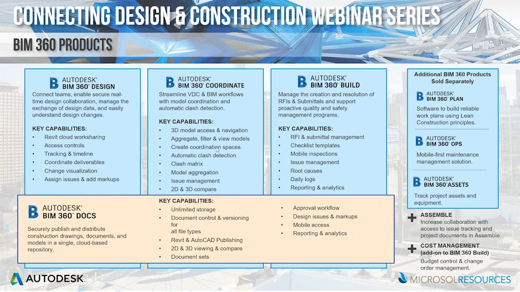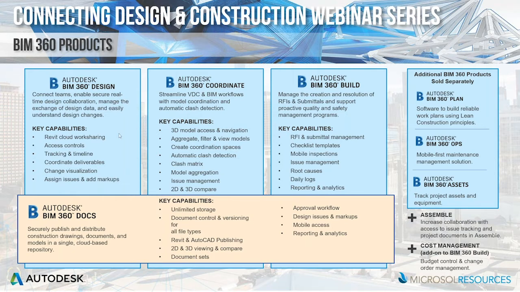So, as I alluded to in the previous slide, BIM 360 strives to remove the need for standalone applications, as it helps to unify your project data in one location, and it provides tools necessary for the full project lifecycle. BIM 360 is available in 4 subscription offerings. We have Docs, Design, Coordinate, and Build.